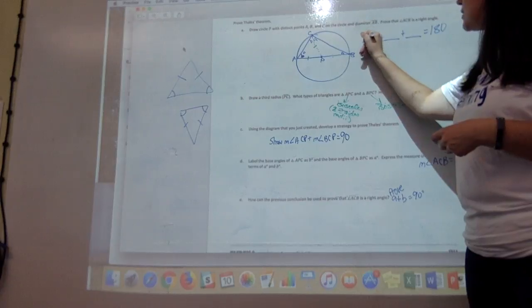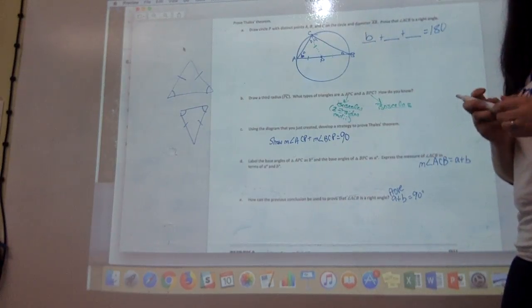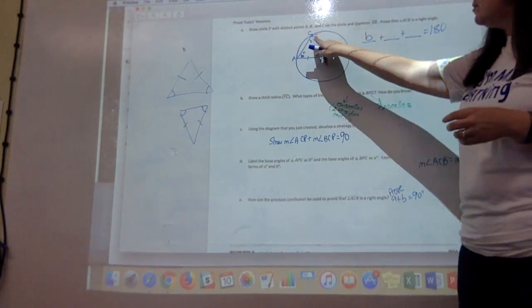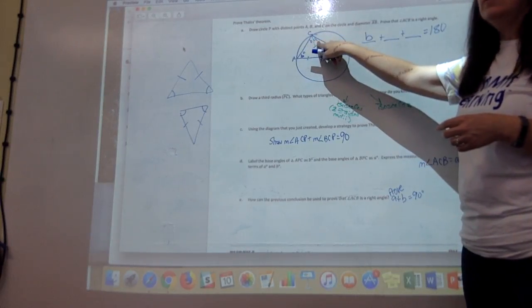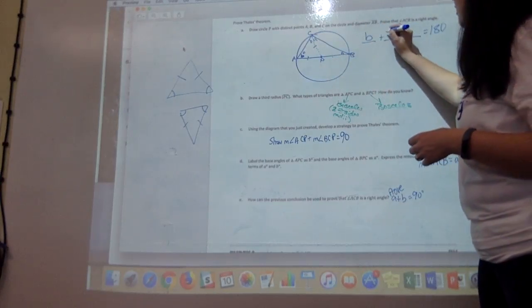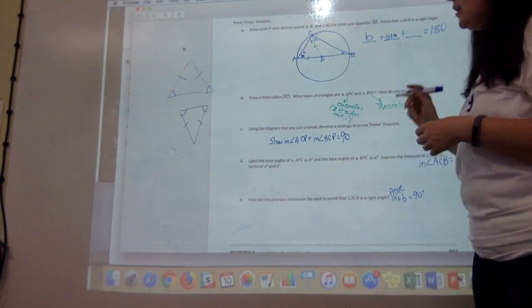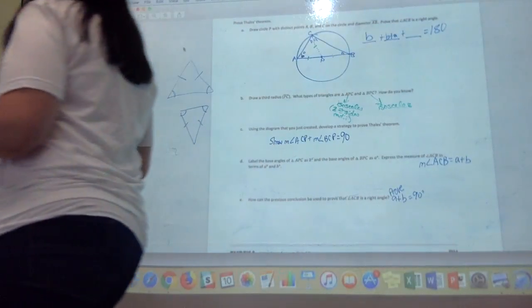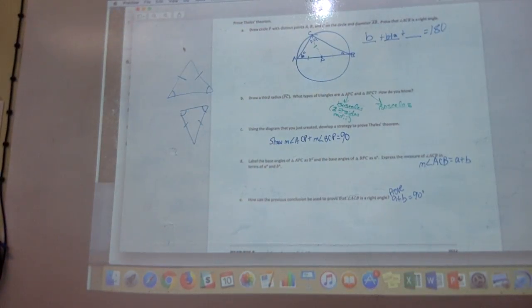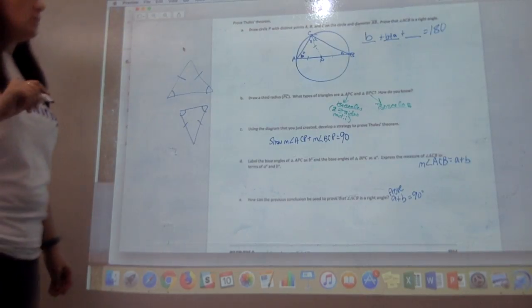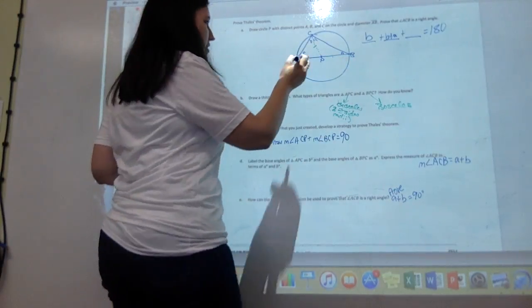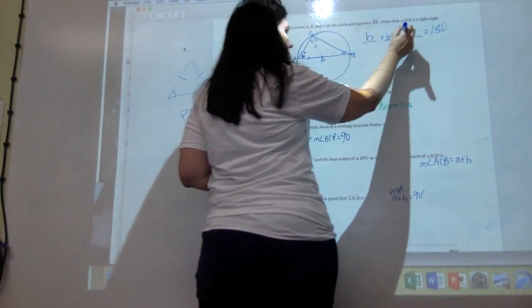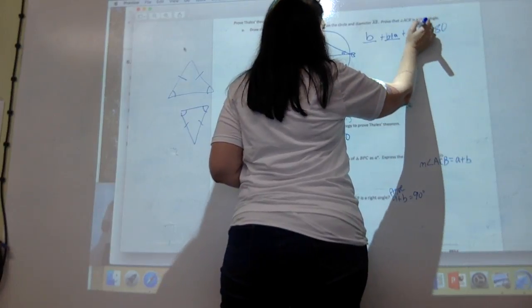So that one is B. Angle C, we said was both of those added together, so B plus A or A plus B, either one. And then the third angle in my triangle is angle B. No, the angle at B has a measure of A. Yeah, the measure is A. So confusing. They should have used X and Y.